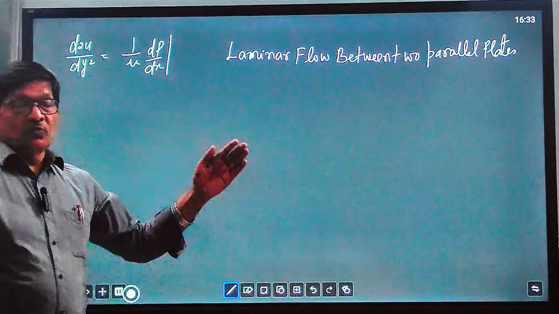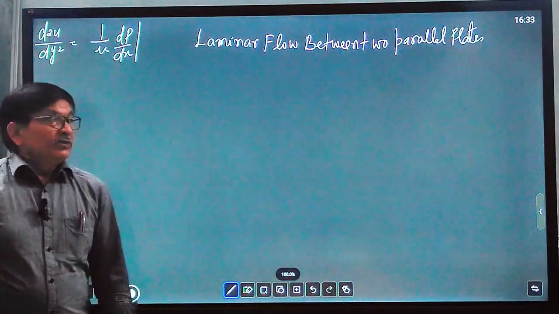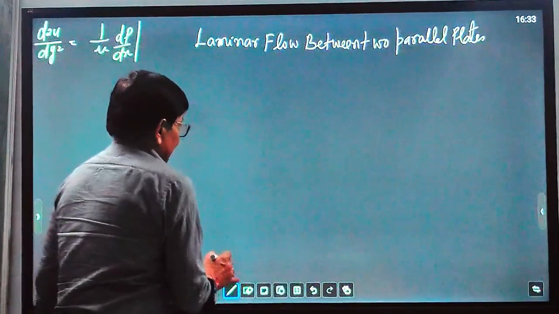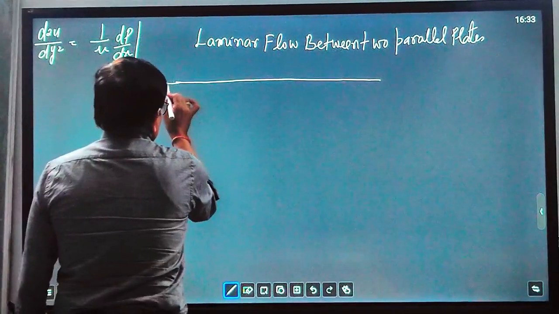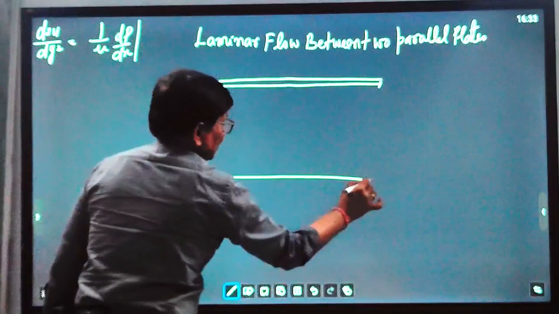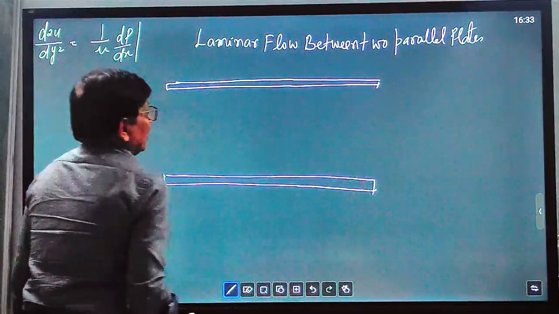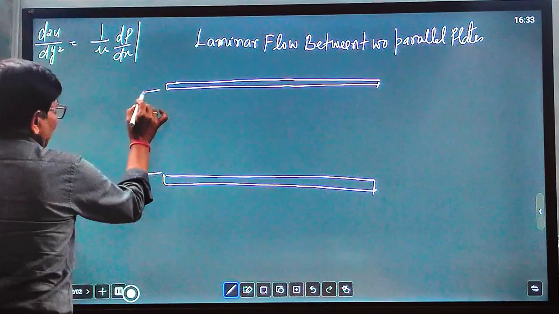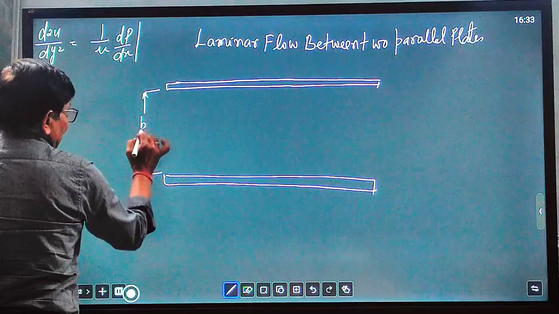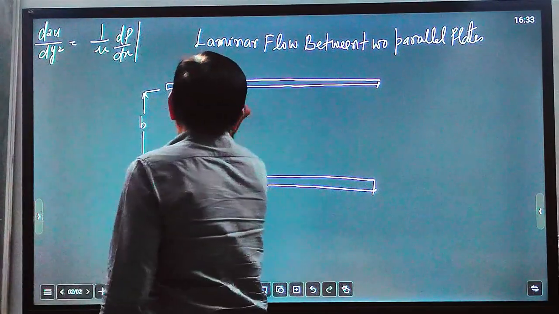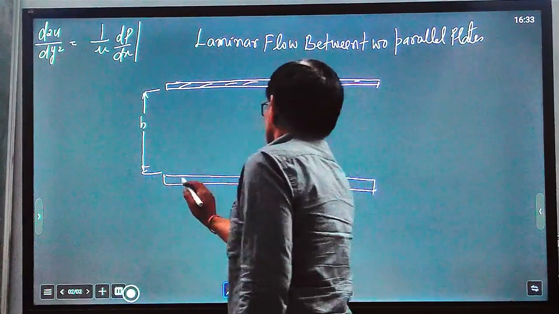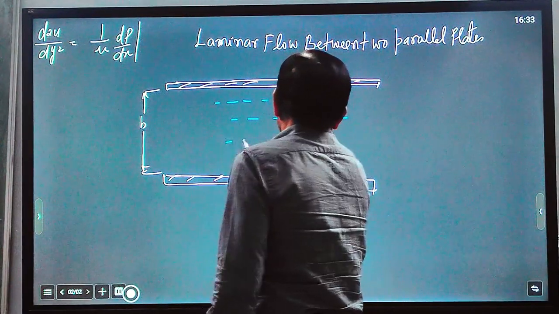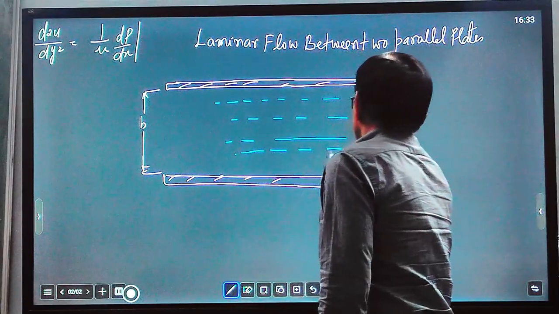So let us make two parallel plates first. These are two parallel plates of appreciable length, and the width between these two parallel plates is small b. Some viscous flow is occurring between the two parallel plates.